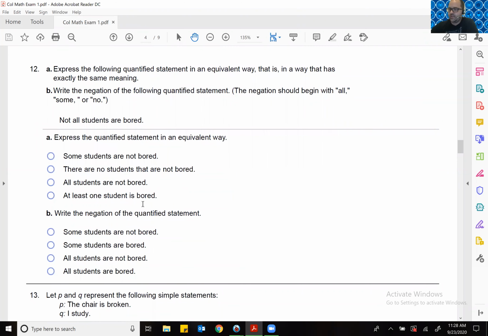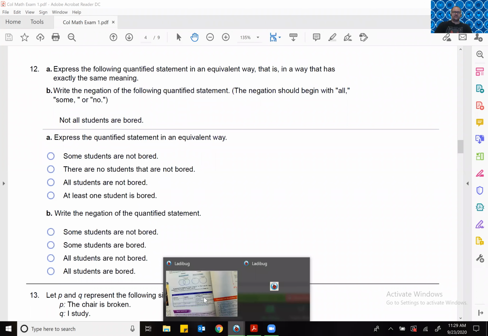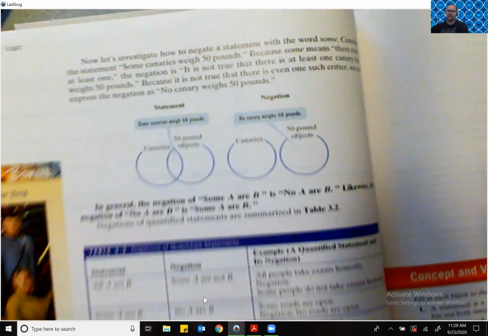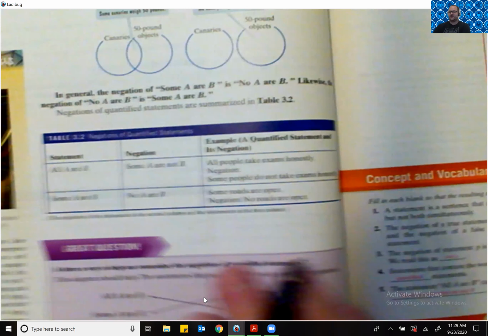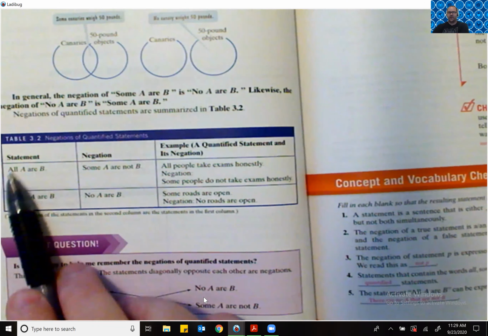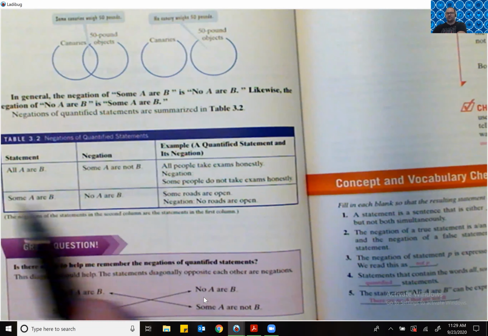So part B says, I now need the negation of that statement. So there was another chart that looks like this. I can't get everything on my screen. So we've got this statement and its negation, and we've got this statement and its negation.